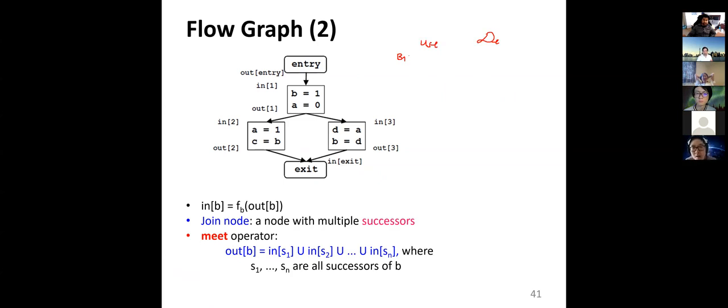Okay, anyone? So we want to do B1, B2, B3. So anything in the use set in the B1?